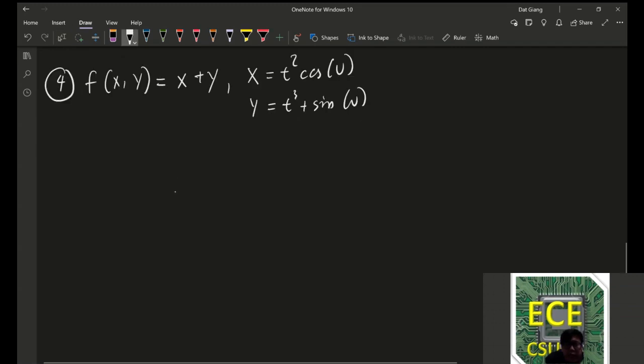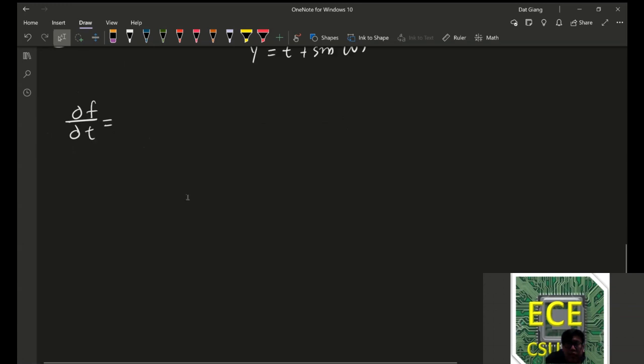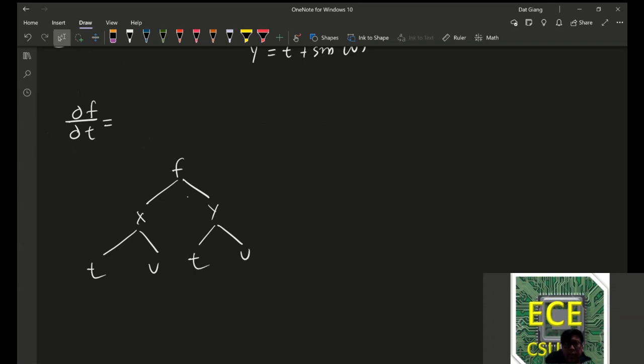And we ask ourselves, what's the partial derivative of f with respect to t? Well, from here, we have to construct our tree branch. So we have f branches off into x and y, which branch off again into t and u. Similar thing for y. And we have to find the branches that have t in them.